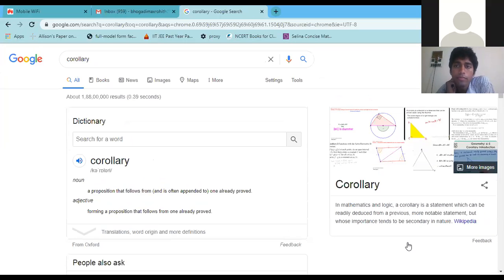Like Dalton had some postulates that the atom is indivisible. But the atom is divisible, because now we know that there is something called electron, proton, graviton, meson, boson, whatnot. So these are postulates.